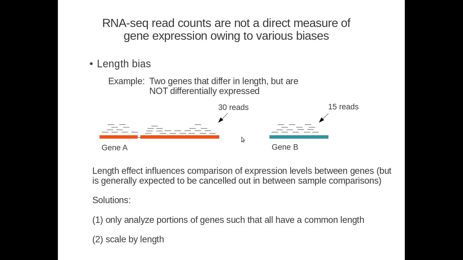Of course, that seems like a boneheaded approach, and in fact it probably is, because you're losing a lot of data from the remainder of the genes. So that's generally not how we do it, although it has been attempted. Another way to do it would be to scale by length, and this is what we generally do. You simply divide the number of read counts per gene by the gene's length.